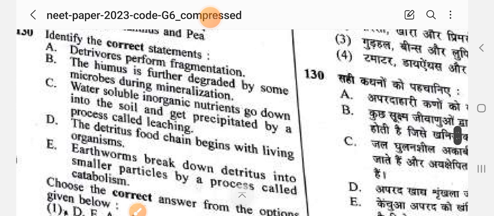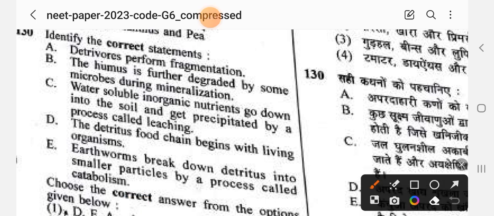Identify the correct statement. So, detritus performs fragmentation, humus is further degraded by some microbe during mineralization, water soluble inorganic nutrients go down in the soil and get precipitated by a process called leaching. This is true.